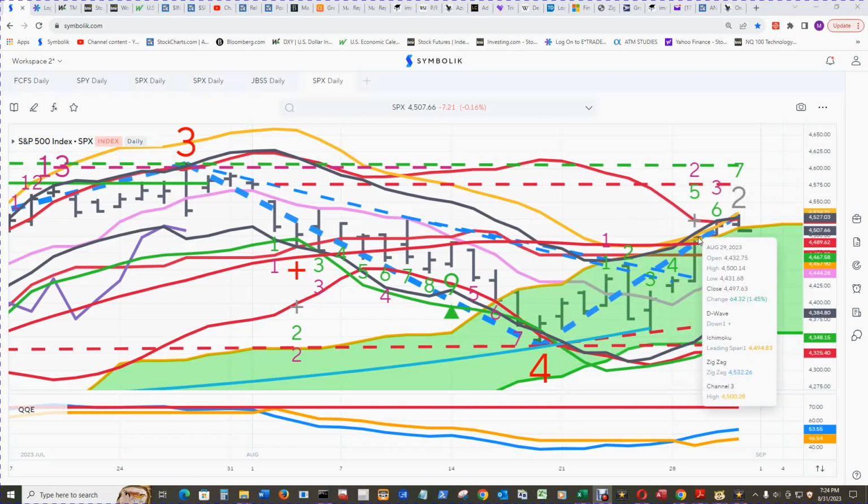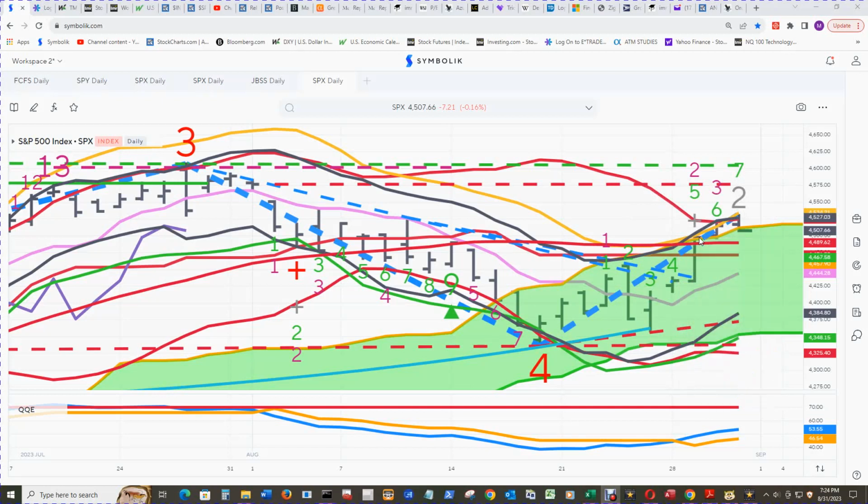And then it's a matter of, for next Tuesday, having a close above 4497.63 for end of day on Tuesday. And then the sell setup 9 count will print, and that would be another good show of strength.